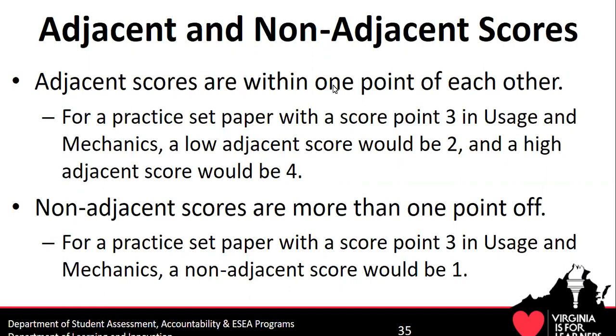For example, for a practice set paper with a score of 3 in usage and mechanics, a low adjacent score would be if you gave that paper a 2, and a high adjacent score would be if you gave that paper a 4 when its actual score is a 3. Non-adjacent scores are more than 1 point off. For example, if that practice paper had a score of 3 in usage and mechanics and you assigned it a 1, that would be a non-adjacent score.